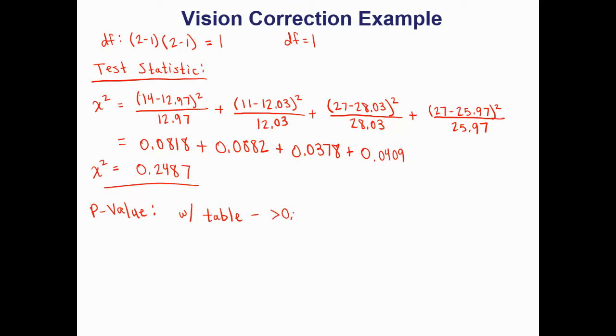It's going to be greater than 0.25. That's all the table will tell us. If we use the calculator, we would get something that's much greater than 0.25. It's 0.618. I think it's 0.6188 in 4 decimal places.